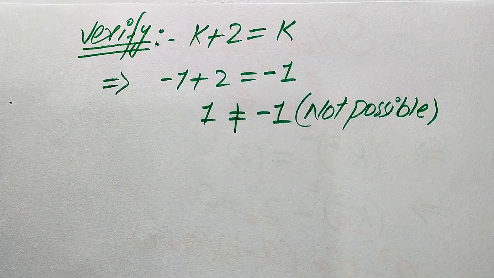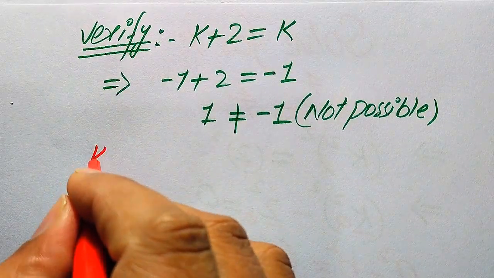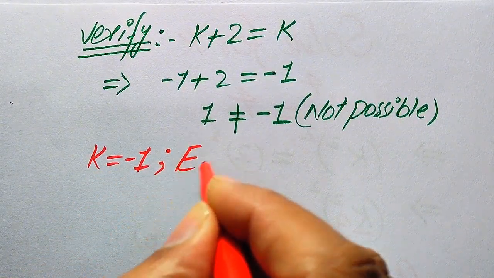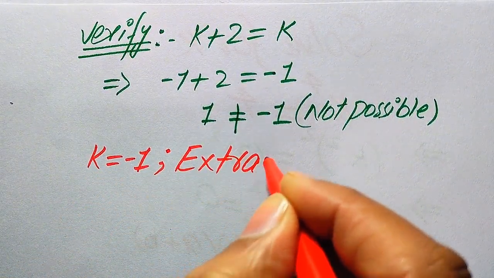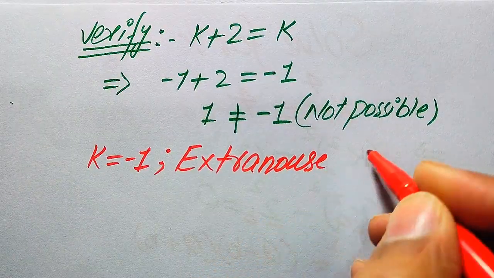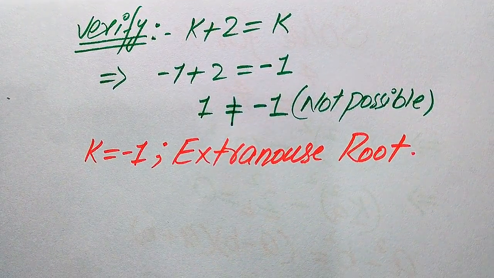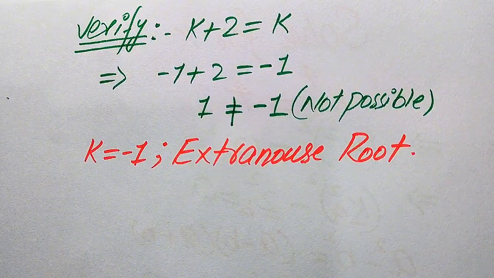Here we just call k = -1 the extraneous root of the given equation. This is the extraneous root because it does not satisfy our given question statement.